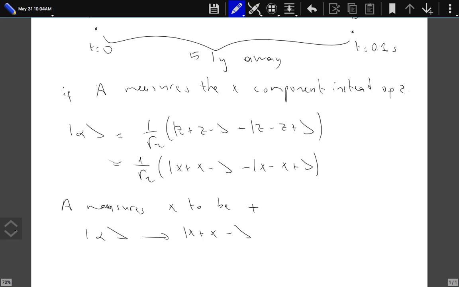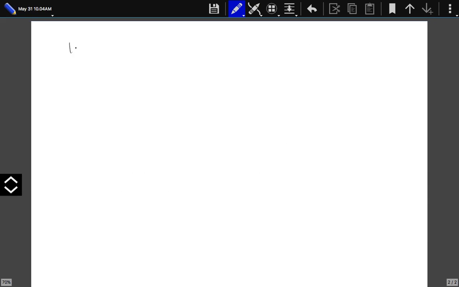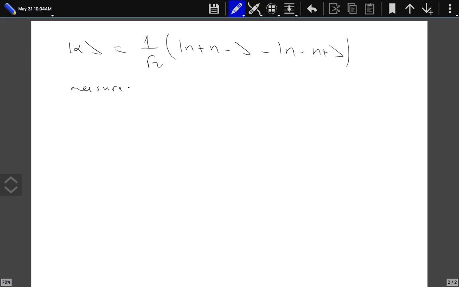In fact, no matter in which direction A makes the measurement, we can always write the alpha ket in this form: n plus n minus, minus n minus n plus. So say we measure n to be plus.